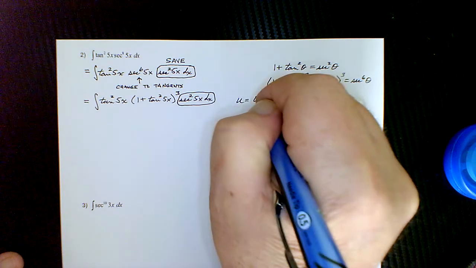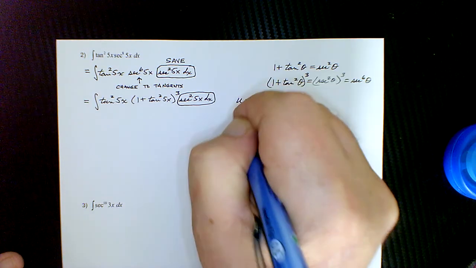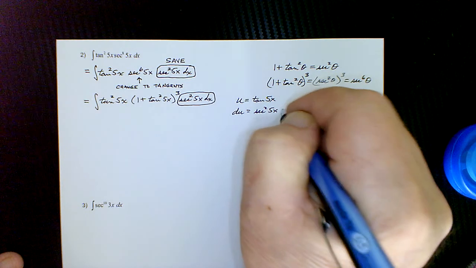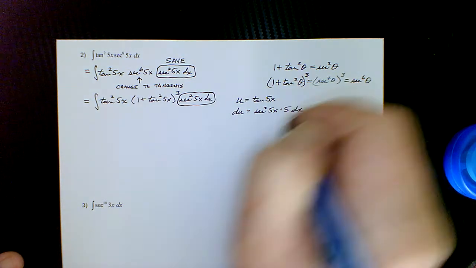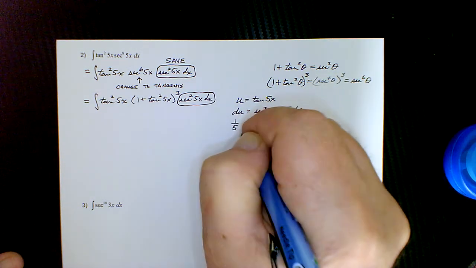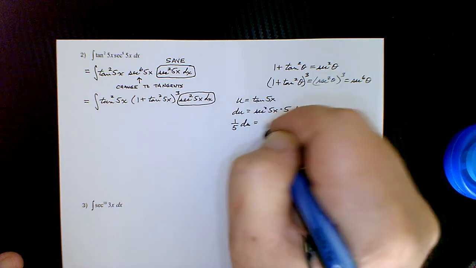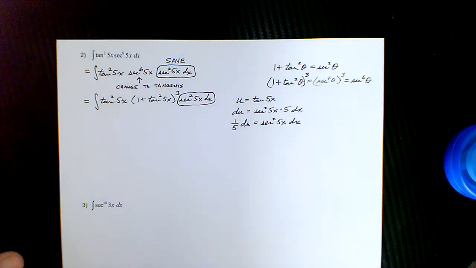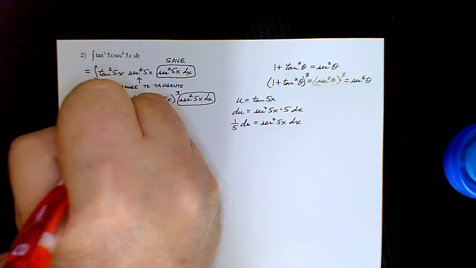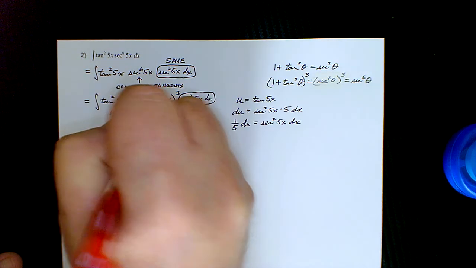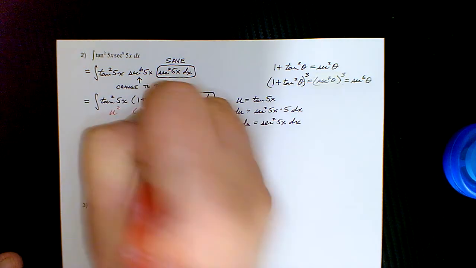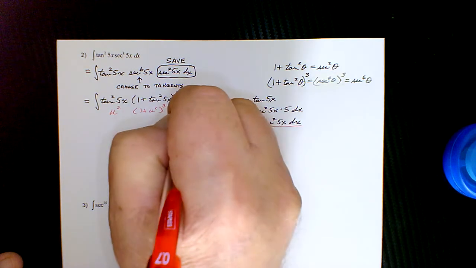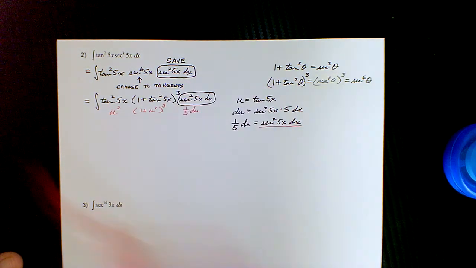Pick u to be tangent of 5x. du is secant squared 5x, don't forget, times 5, differential dx as well. Modifying, 1/5 du is secant squared 5x dx. So in the integral, here we have u squared, 1 plus u squared, but as a quantity cubed, and then the secant squared 5x dx makes up 1/5 du.